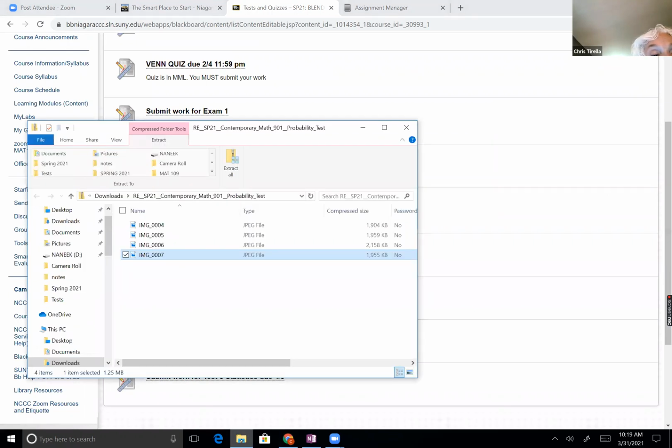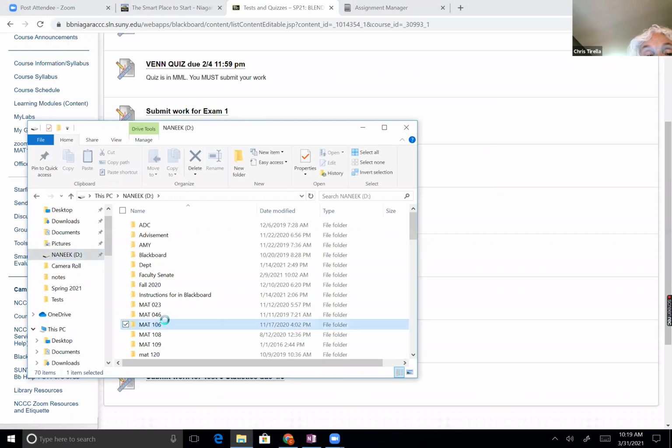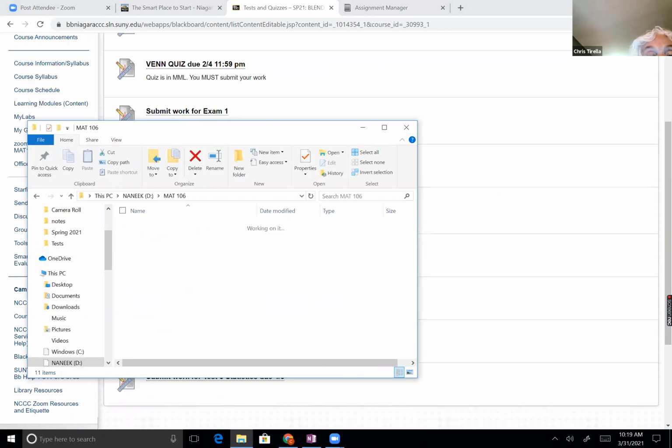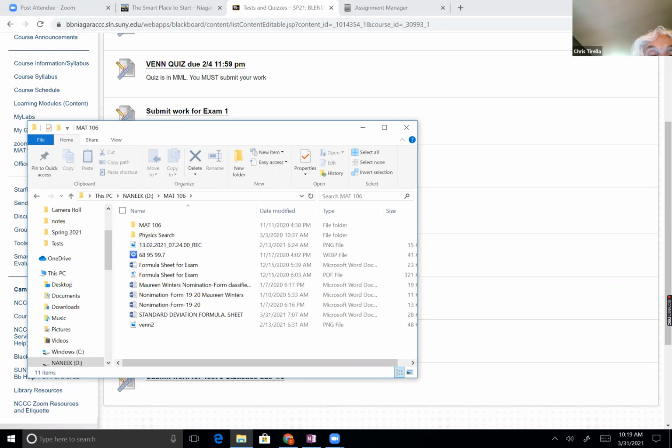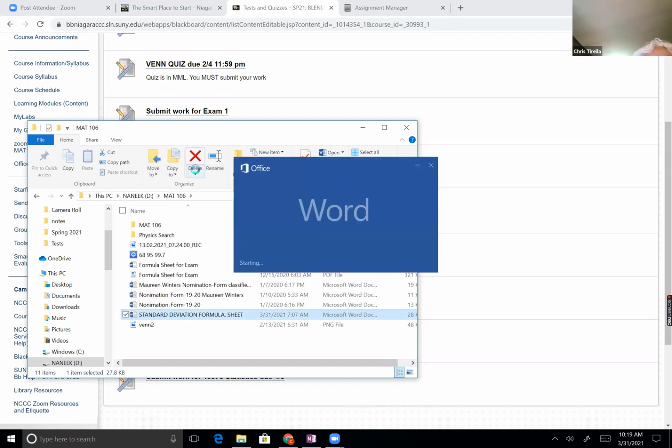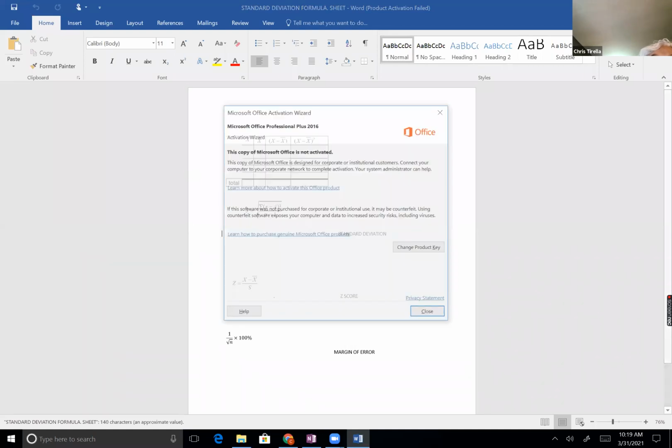The formula sheet will be something that looks like this, that will have the formula for the standard deviation. And in case anybody likes using a table to set it up, I will have a table outlined there.